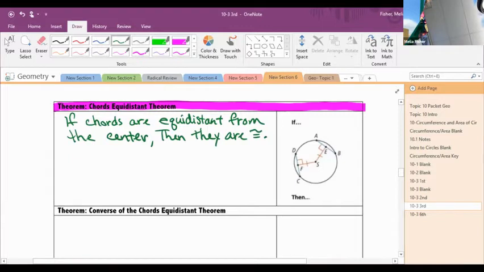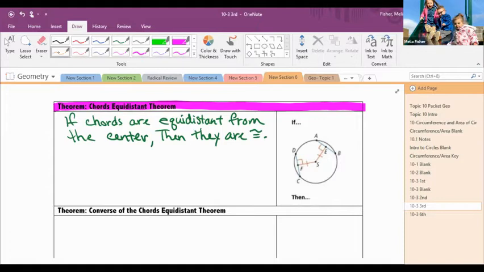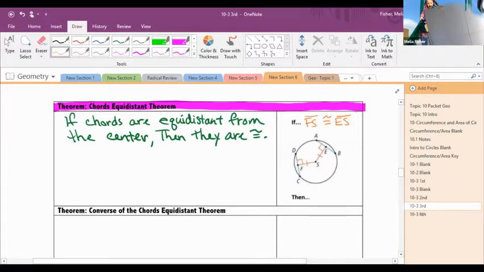If chords are equidistant from the center, then they are congruent. So according to this picture, FS is congruent to ES, and therefore we know that AB is congruent to CD.